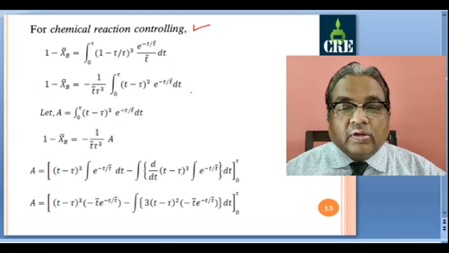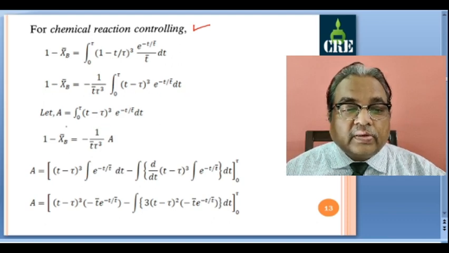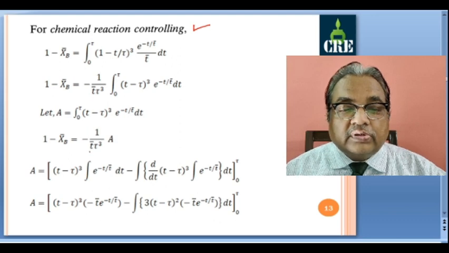This we have to solve by parts again. So 1 minus xb bar will be equal to this constant, minus 1 upon t bar into tau cube, multiplied by this integration. So we'll solve this integration first.